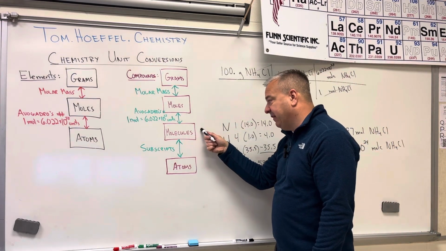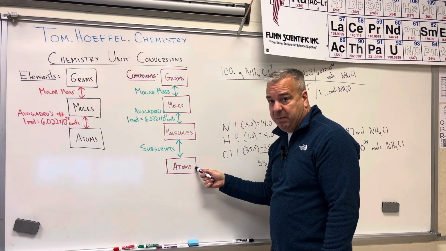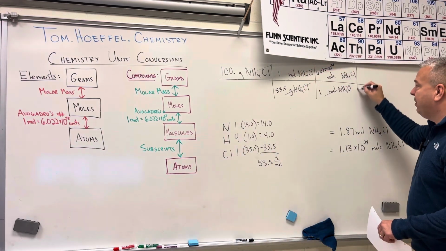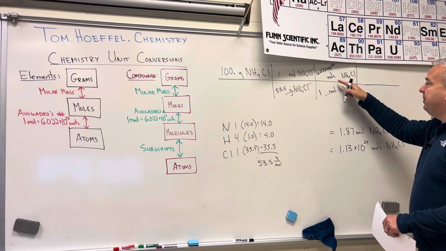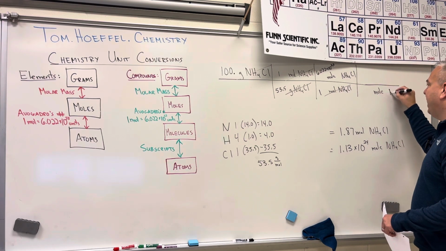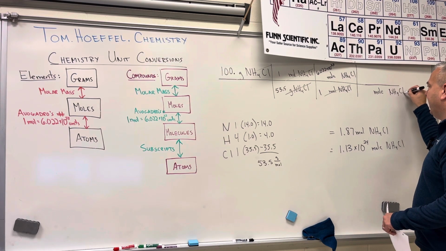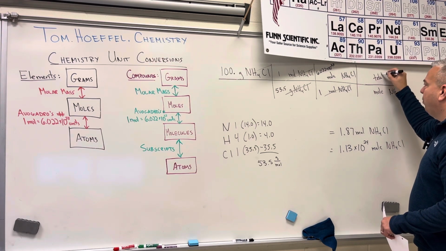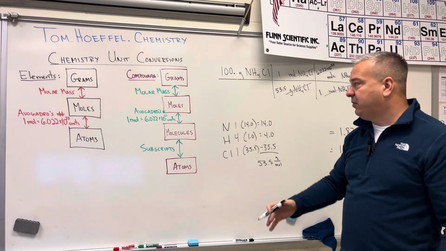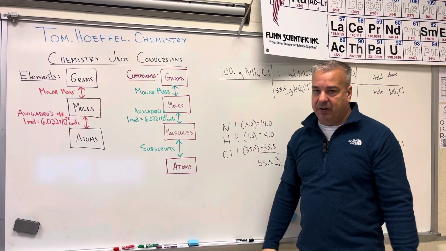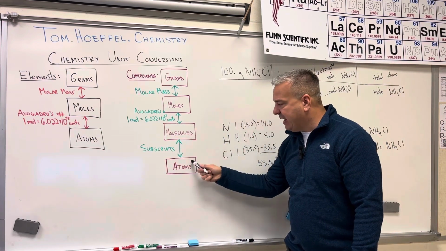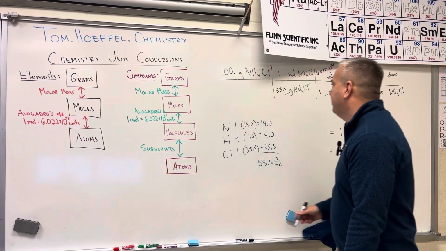And the last bit is to figure out, well, how many atoms would be present in that 100 grams of ammonium chloride. And we just continue our train track one more step, and we're going to go from molecules of ammonium chloride into what I'm going to call total atoms, okay? So I want to figure out how many atoms in total are in this 100 grams of ammonium chloride. Well, to go from molecules to atoms, you have to use the subscripts, okay?